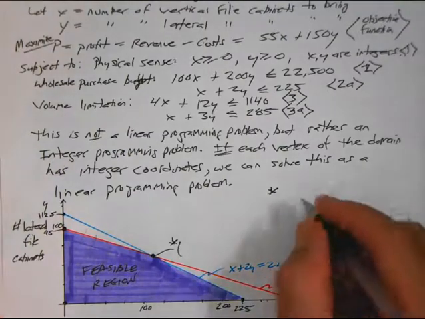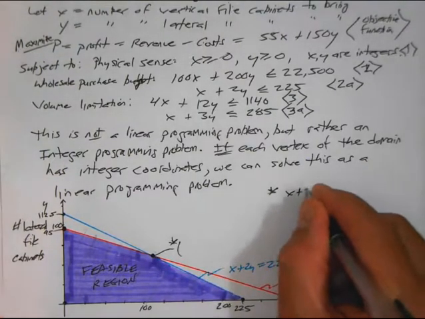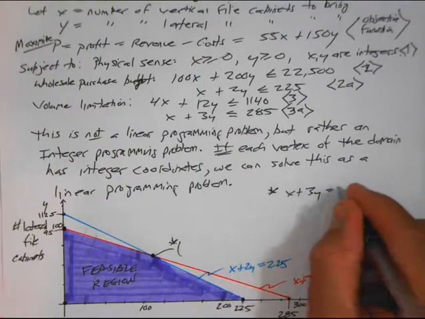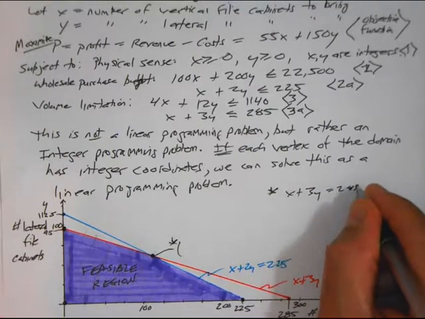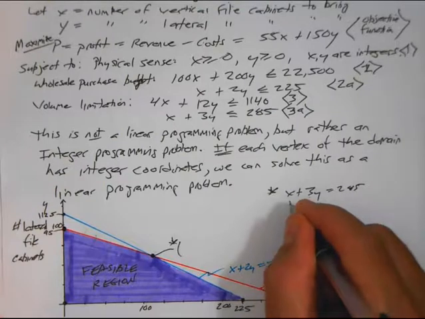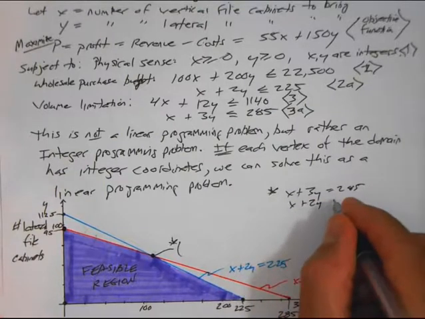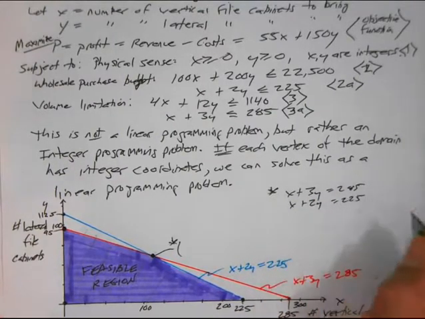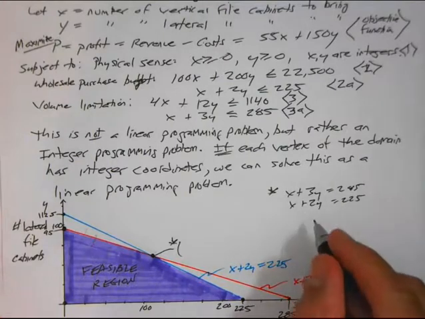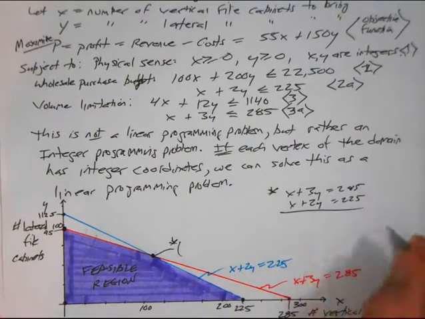Okay, the red line, x plus 3y equals 285. The blue line, x plus 2y equals 225. Looks like this system is ready for some elimination.